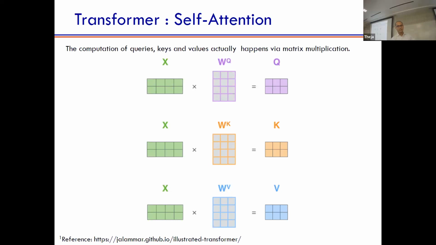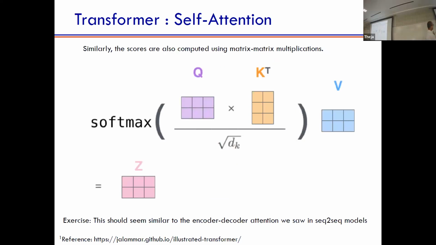In fact, after those three matrix multiplications, you can do another matrix multiplication to get directly the Z vectors. It's doing exactly the same thing, vectorized.